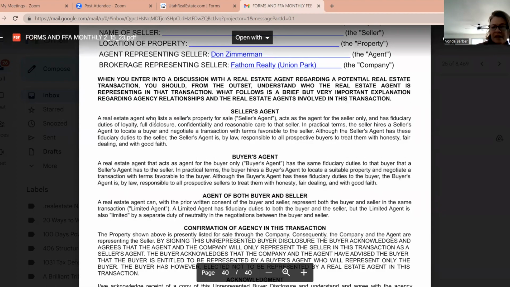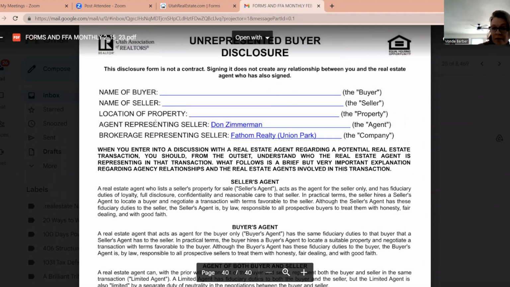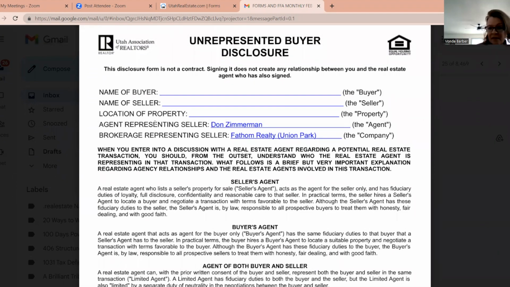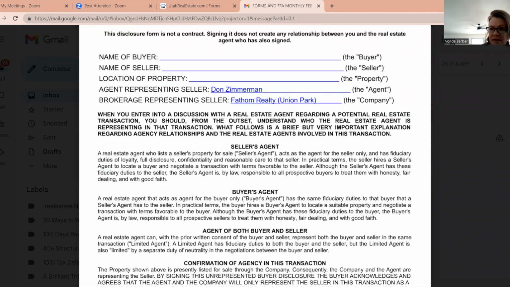Did I hear you say that Fathom Realty charges 1.5% to do a limited agency? You can say whatever you want to say. But you said we do have to pay an additional fee? If you represent two sides, that's two transactions, isn't it? On limited agency, not only do you pay an additional $550, but because it's limited agency, you're going to pay an additional $200 on one of the sides.